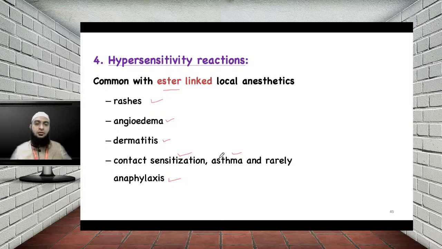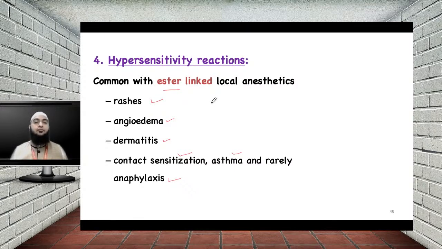So if you are exposed to the allergen, and suddenly you are suffering from contraction of your bronchi and there is a breathing issue, right, then such a condition is called anaphylaxis. So it is an acute disease. It is seen rarely, but sometimes it is seen in case of the ester-linked local anesthetics, in patients who are allergic to these drugs. But it is common with ester-linked local anesthetics. It is not with amide local anesthetics.